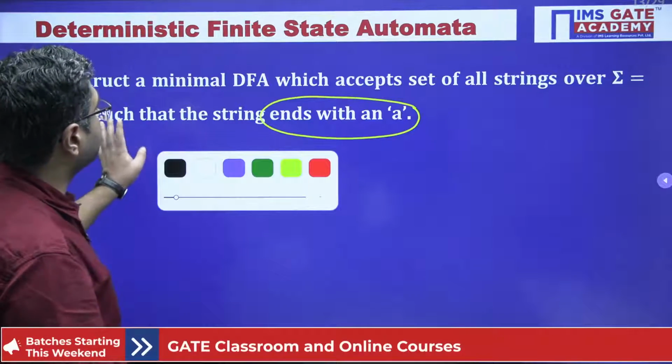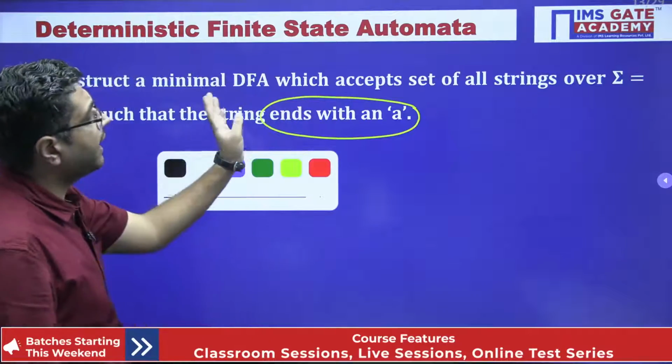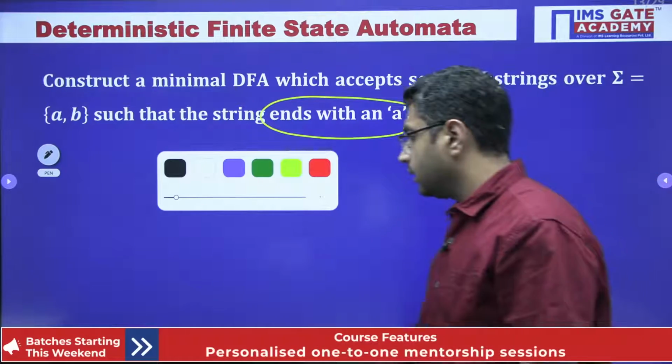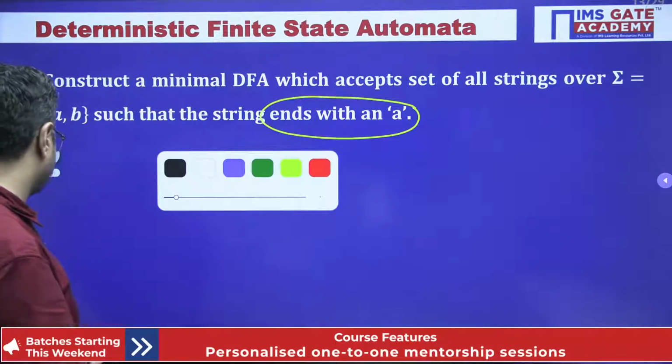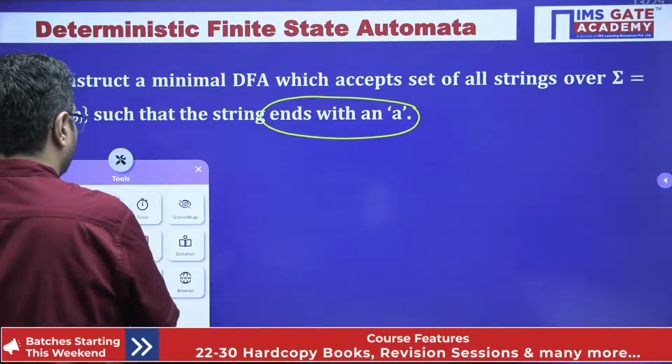So again, let me read out the question. Construct a minimal DFA which accepts set of all strings over sigma equals to a b such that the string ends with an a. How to solve such questions, right? So how to draw the DFA for the same? Can you draw the DFA? We'll see. Let me give you the timer for 1 minute.